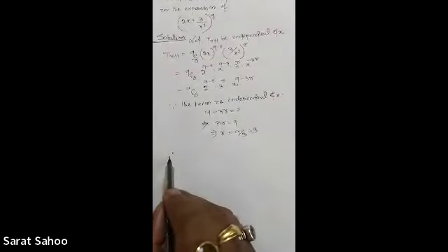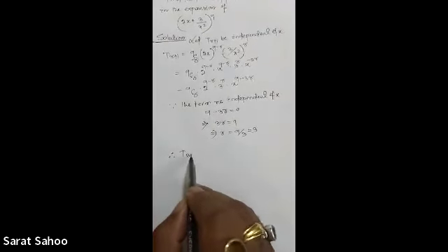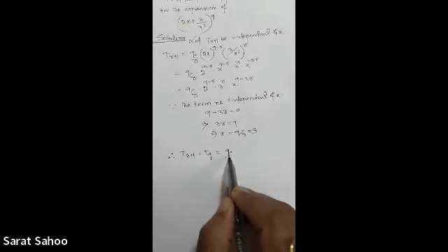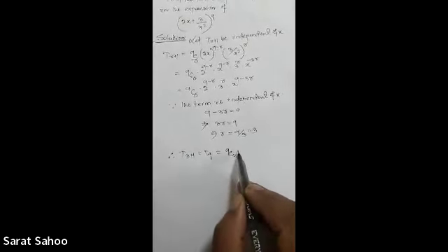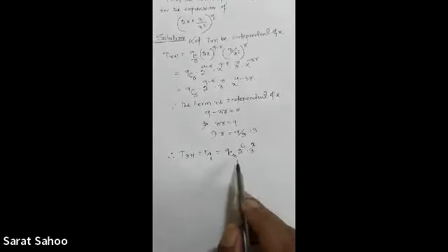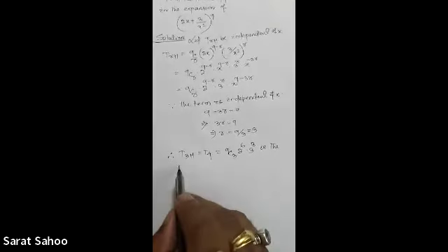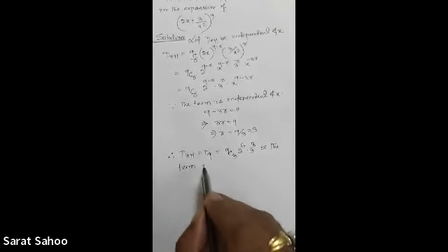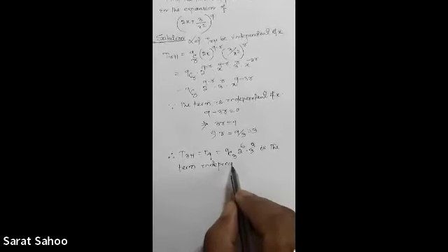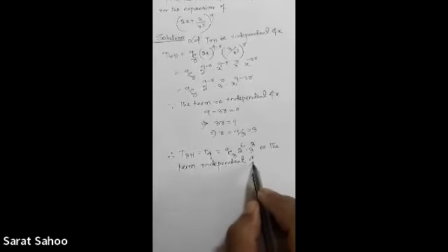Thus, 9C3 2 to the power 6 into 3 to the power 3 is the term in the expansion of.